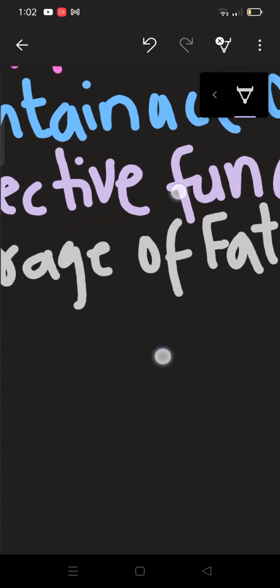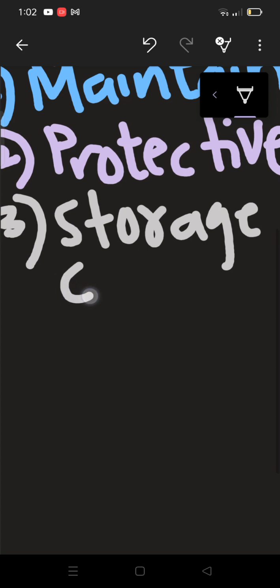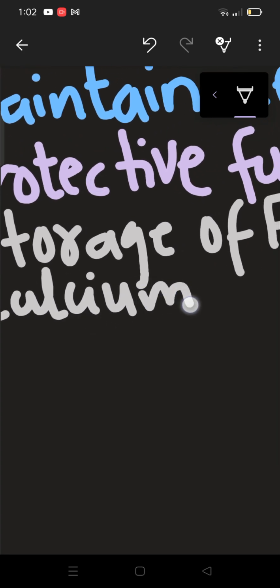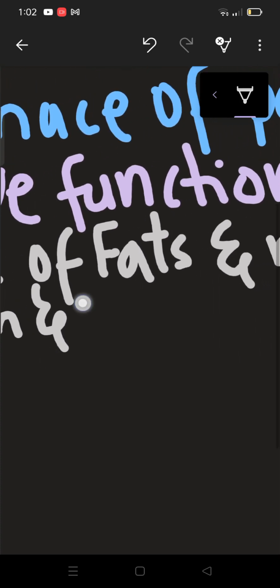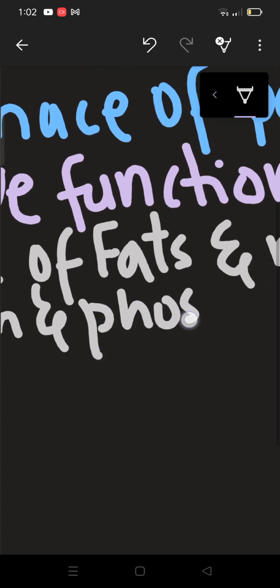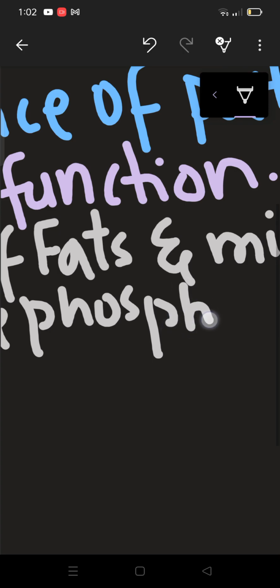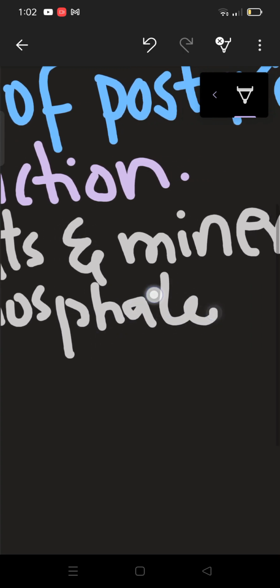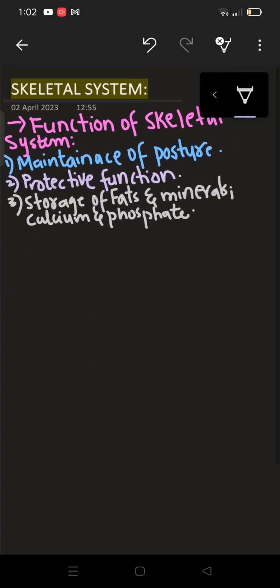Minerals include calcium and phosphate. So the third function is clear as well.